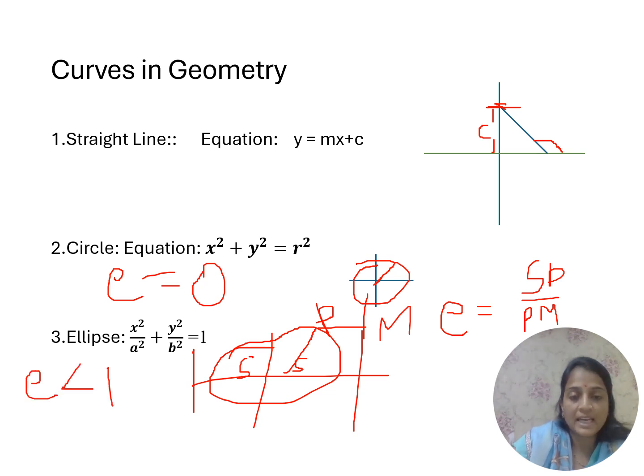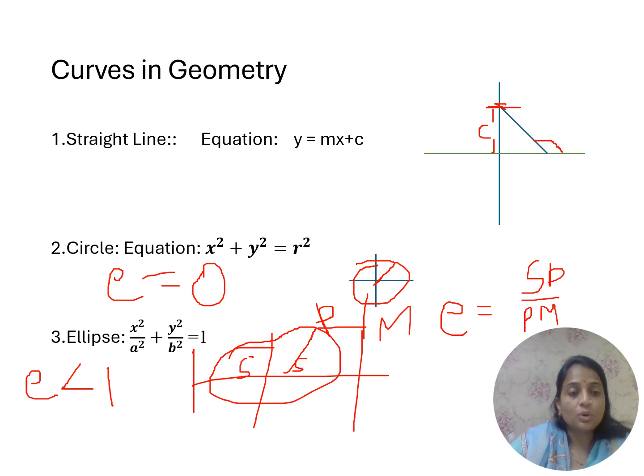Eccentricity means SP upon PM, where S is the focus. SP is the distance from the focus to the point on the curve, and PM is the perpendicular distance from the point on the curve to the directrix. The ratio SP upon PM is the eccentricity, and if the eccentricity is less than 1, then we know this is the graph of an ellipse. If the eccentricity is 0, then we say this is a circle.